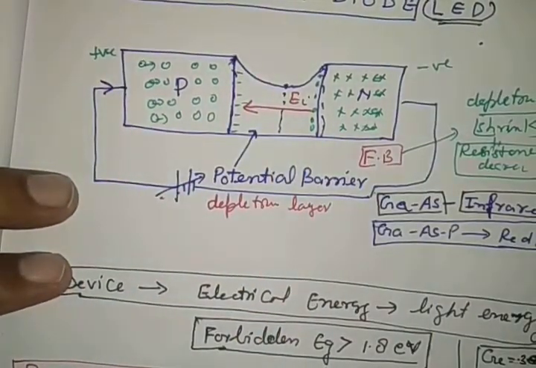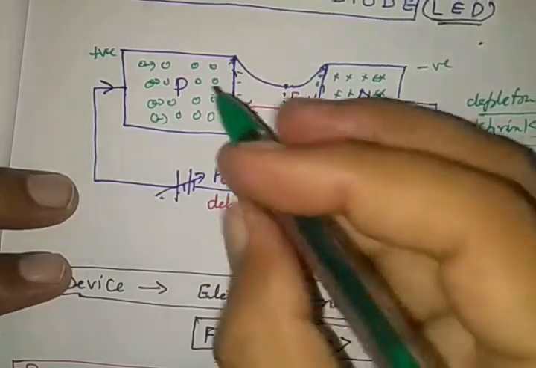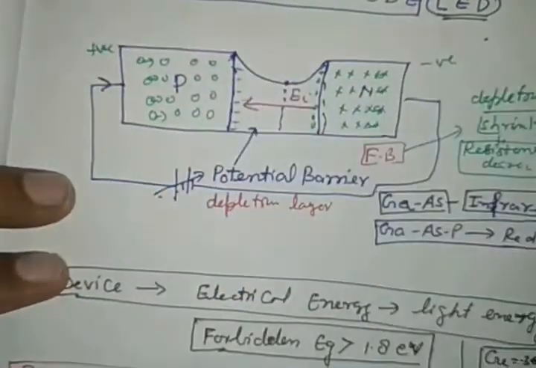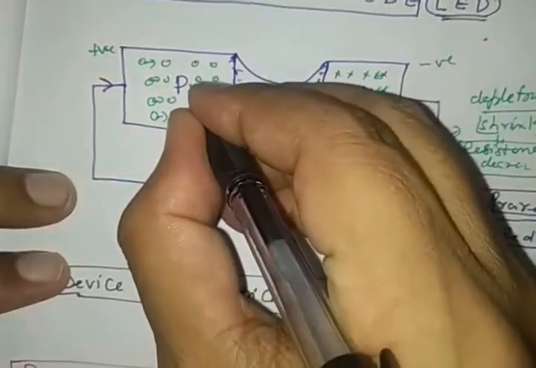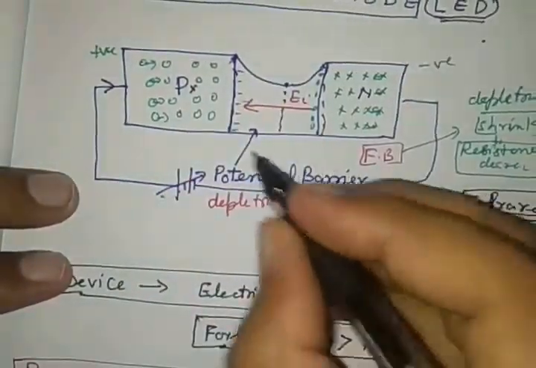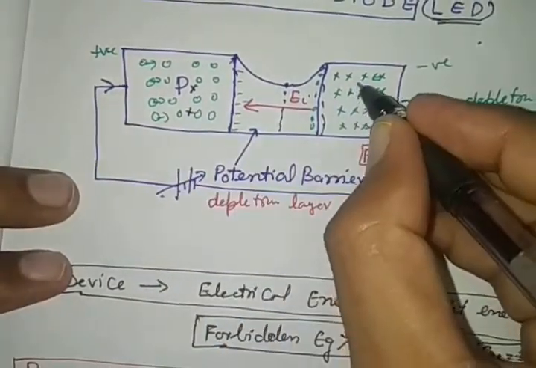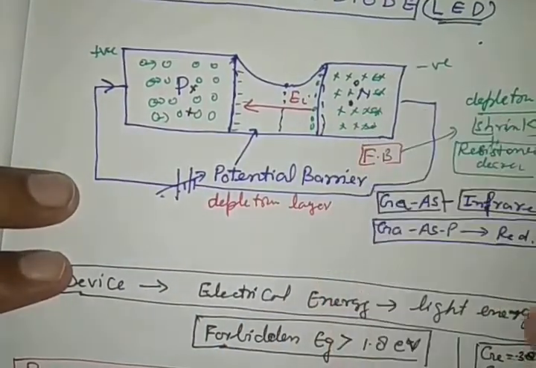But see the majority charge carriers and the minority charge carriers. Here the minority charge carriers are shown in black color: these electrons, and here the minority charge carriers are holes.